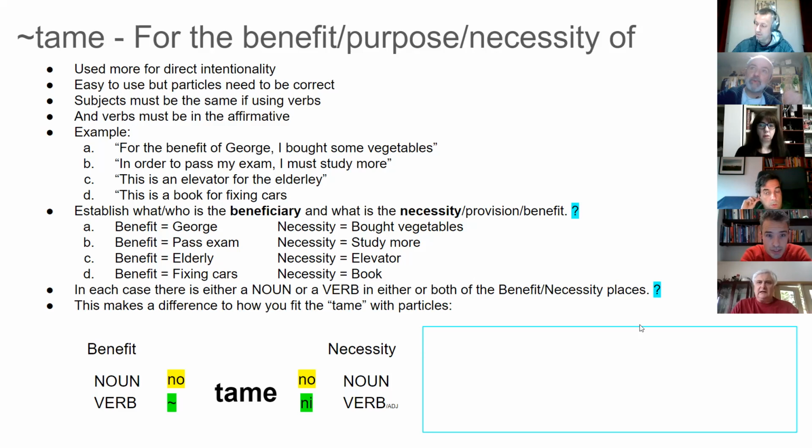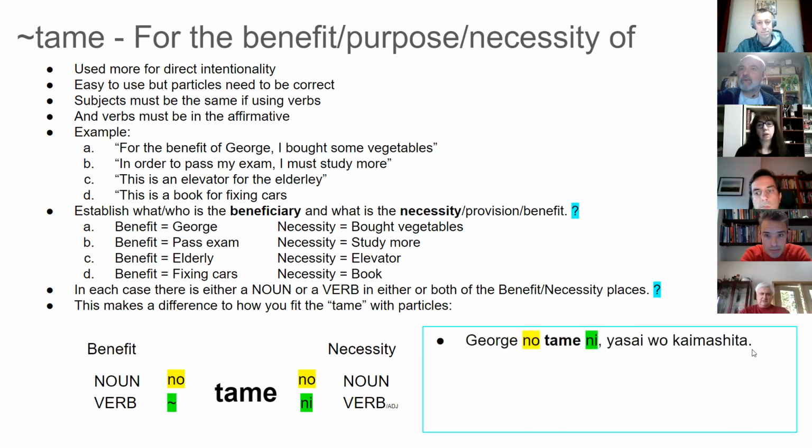So kaimashita is correct. What happens after yasai? Yasai o kaimashita. Okay, let's see. George no tame ni yasai o kaimashita. Excellent. Perfect. I'm surprised that you're surprised. This is like the fifth time we've been through this lesson together, Kim.